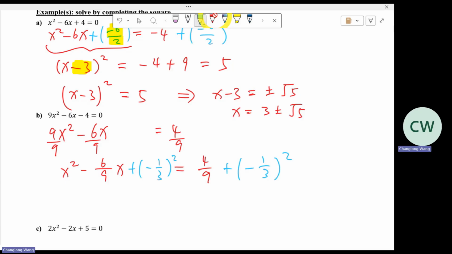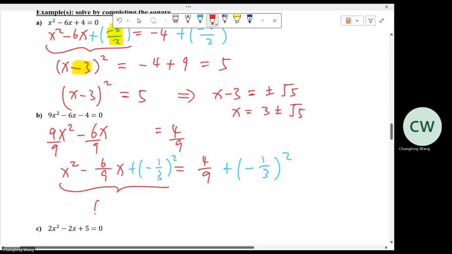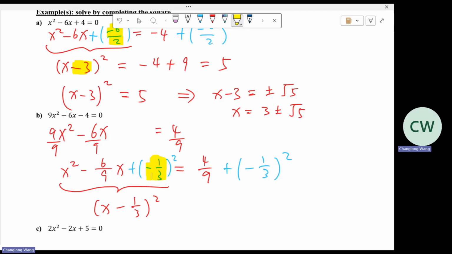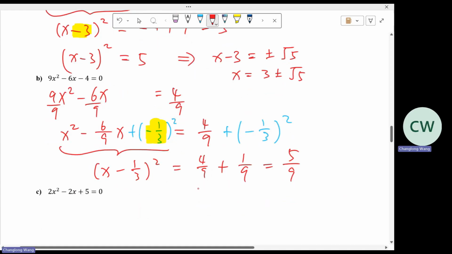So when it comes to factoring on the left-hand side, no need to really overthink it. You're guaranteed x minus 1/3 because it is that constant, which is half of the linear coefficient, that enters the perfect square. All right, on the right-hand side, it is 4/9 plus 1/9, that is 5/9, right?